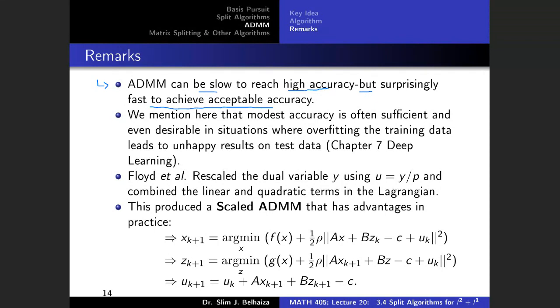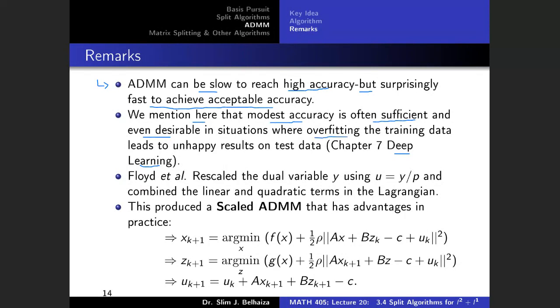So let's mention here also that, in the context of deep learning, we'll see, inshallah, in chapter 7, modest accuracy is often sufficient and even desirable, to avoid what we call overfitting situations.